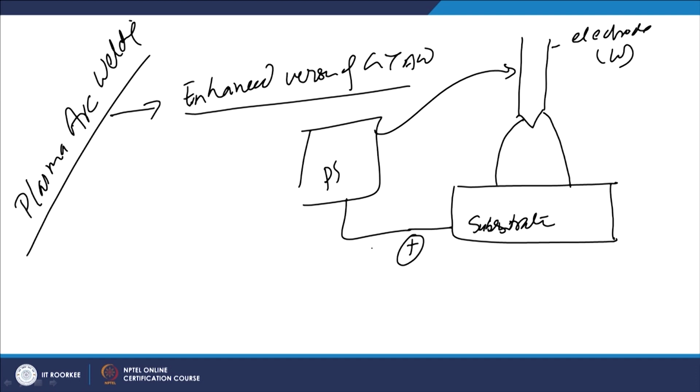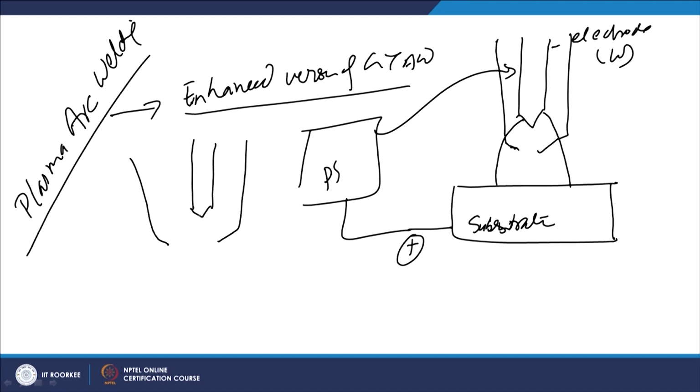But in this process whatever arc is generated, the arc is primarily used to generate the plasma, and plasma is forced to pass through the nozzle. So, basically here we have one electrode, there is one nozzle. So, initially the arc is established between the nozzle and the electrode, and the plasma forming gas is fed.